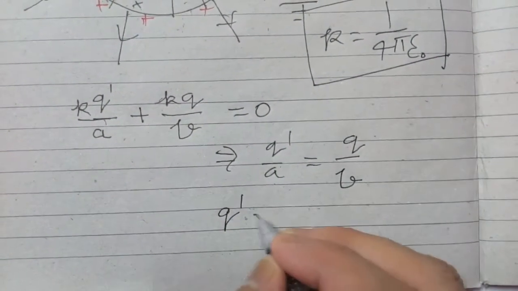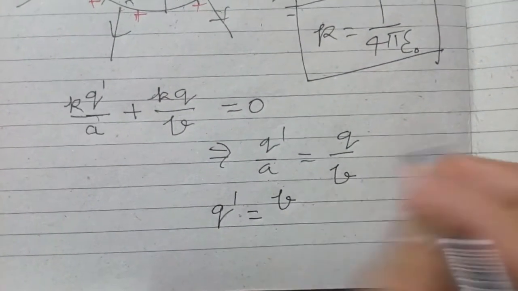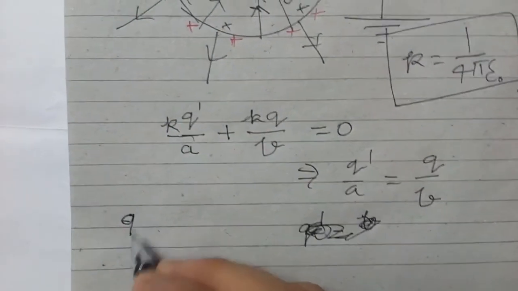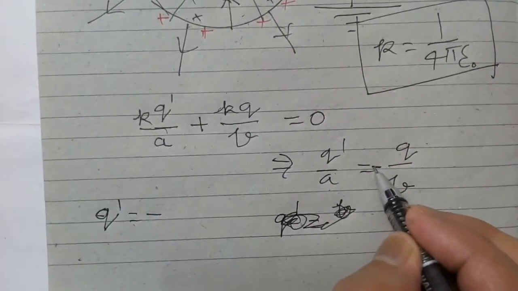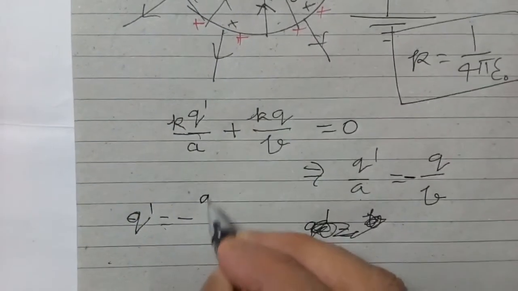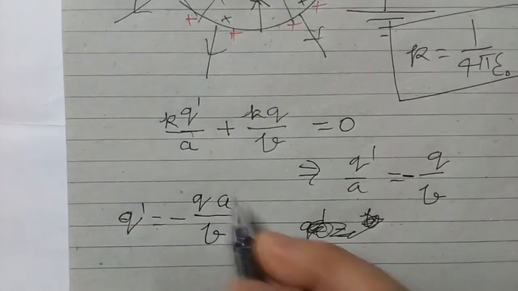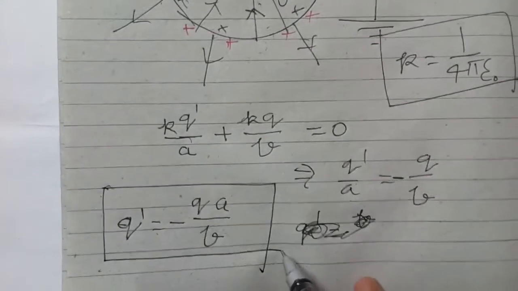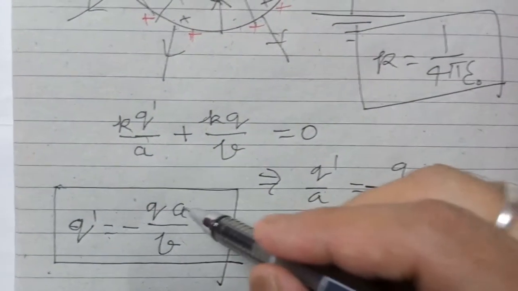So q dash is equal to minus q into a upon b, here is the minus sign. So if we give q charge to the bigger sphere, then on the smaller sphere the charge will be negative and its magnitude is qa upon b.